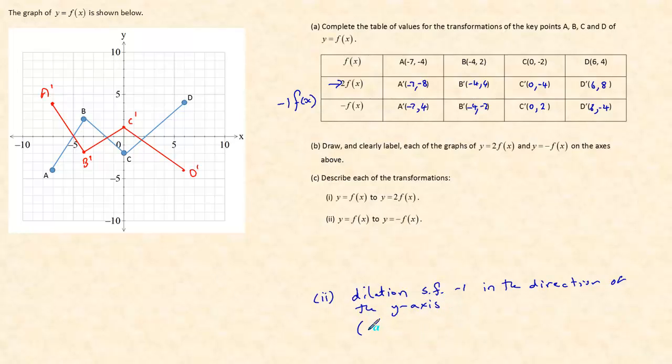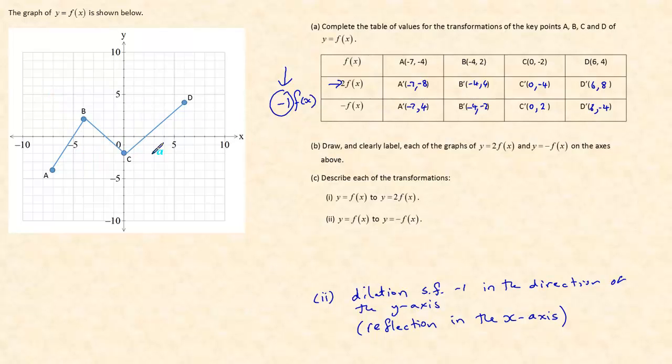But notice that this one is also a reflection in the x-axis. So when we have a negative number here, we get a reflection in the x-axis, and if the number is something other than -1, you're going to get a reflection and a dilation at the same time.